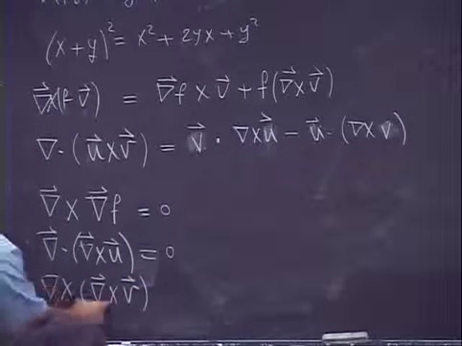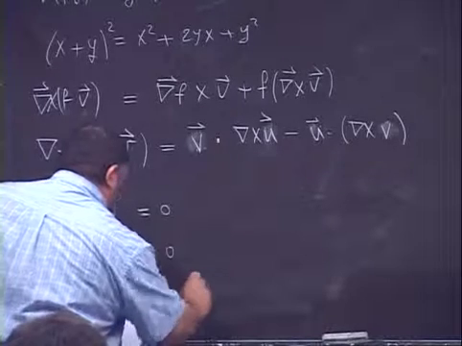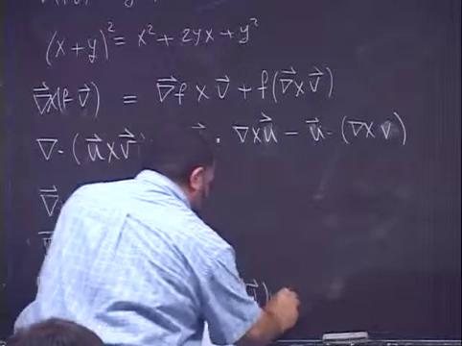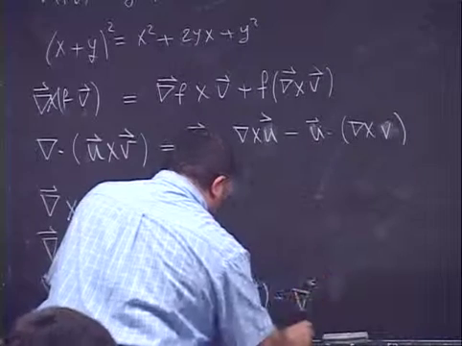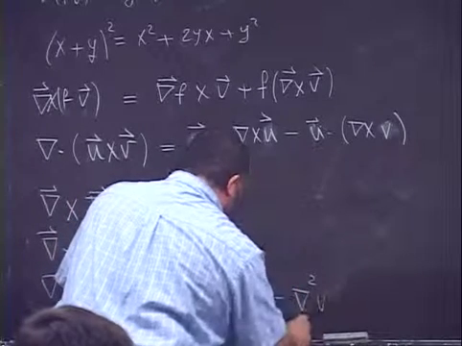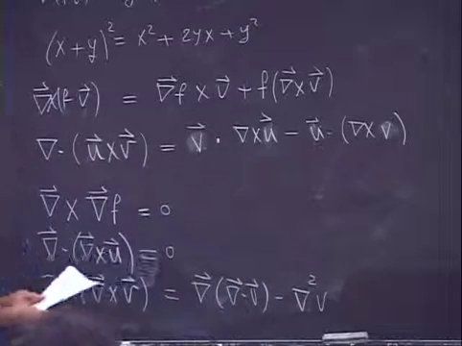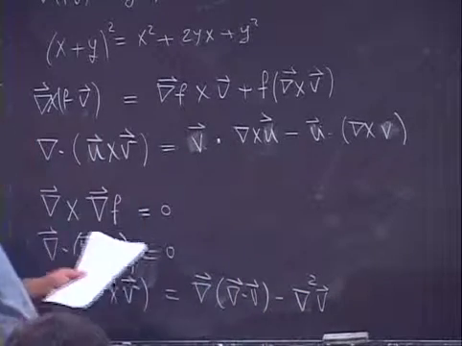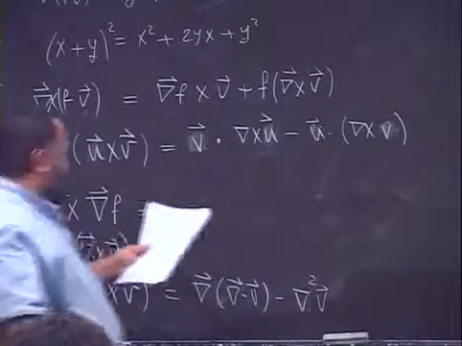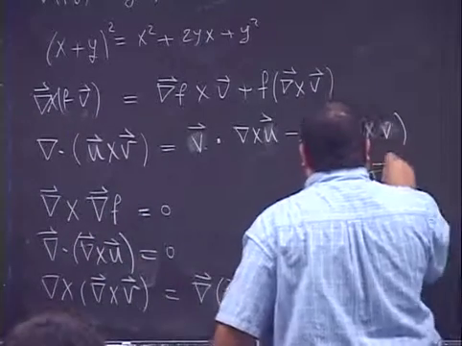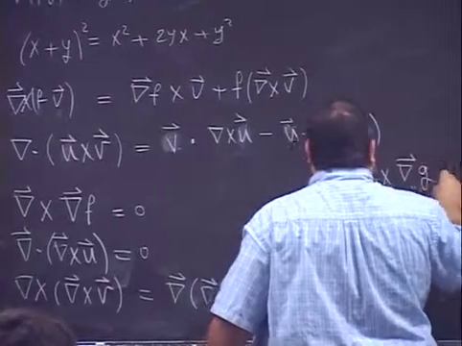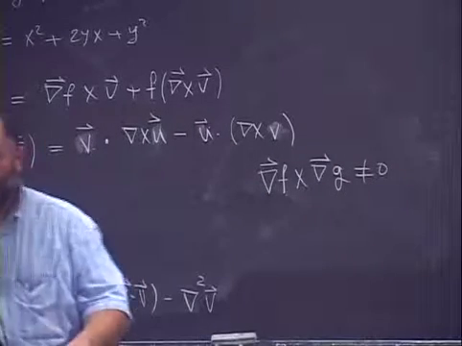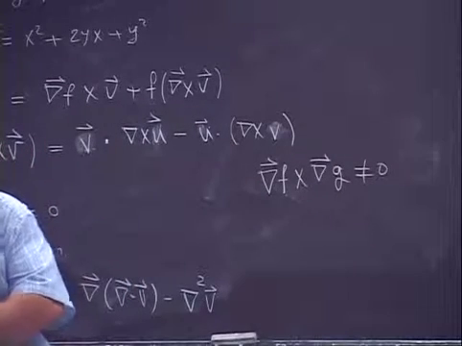So curl of a curl of V is equal to gradient of divergence of V minus nabla square V. And again, if you have something like gradient of F multiplied by gradient of G, this does not equal 0. So, not to make confusion, be careful about which ones are equal to 0.